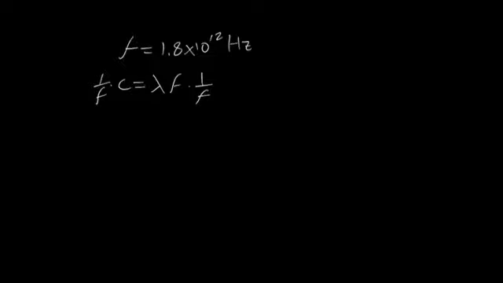Part C asks us to calculate the wavelength and energy of a photon given its frequency. We can solve for the wavelength using the equation C equals lambda f and multiplying each side by 1 over f to come up with lambda equals C over f.